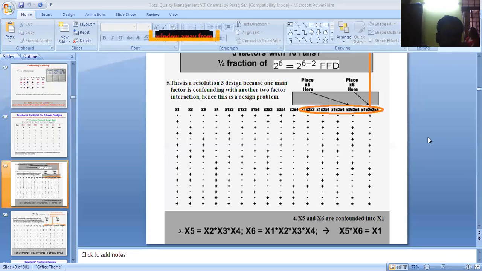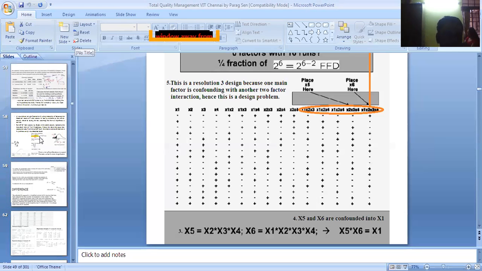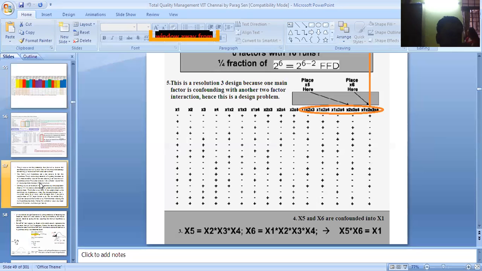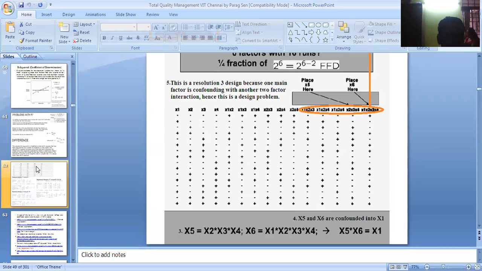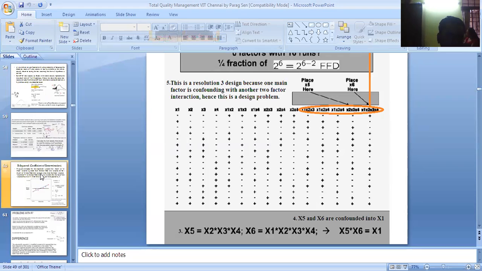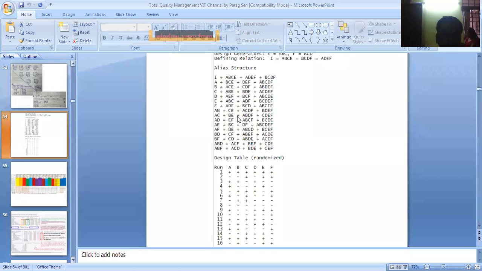In that particular fractional factorial design, you will get some idea regarding how you will be selecting your main factors. And accordingly, you need to conduct the experiments. You don't need to know any mathematical calculations at all.